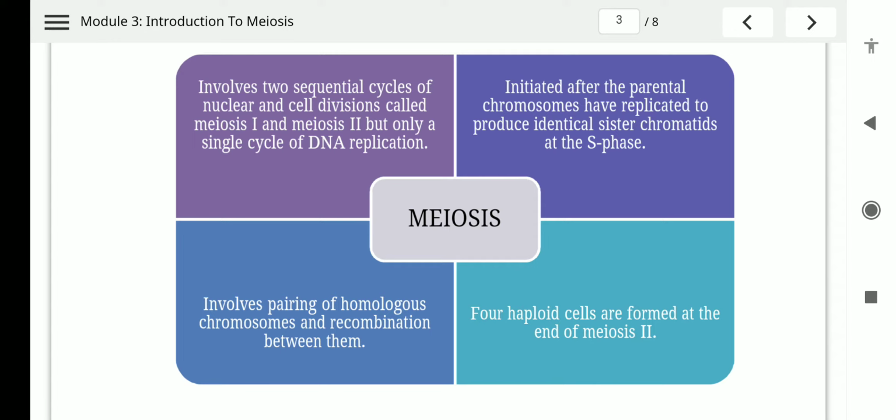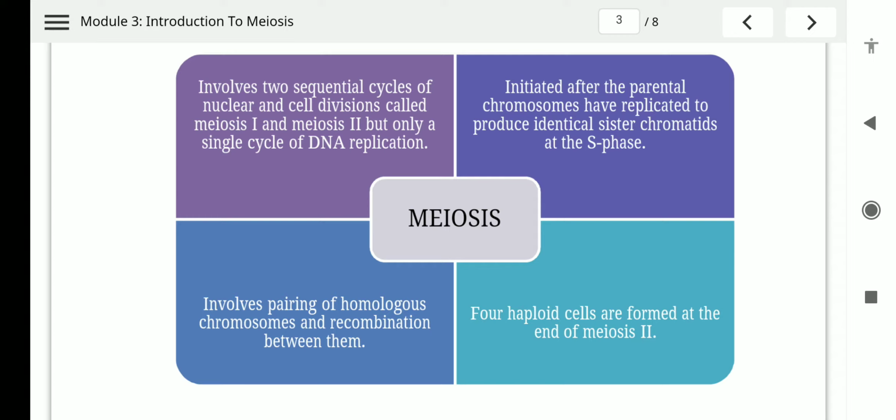Number 2, it is initiated after parental chromosomes have replicated to produce identical sister chromatids at the S phase. So, DNA replication occurs to produce the identical sister chromatids.